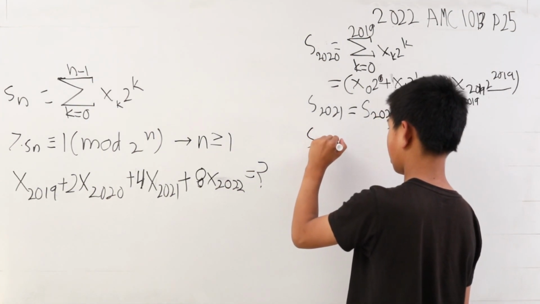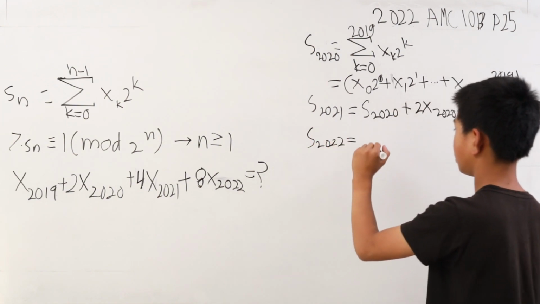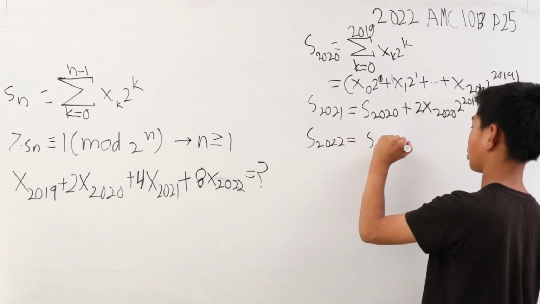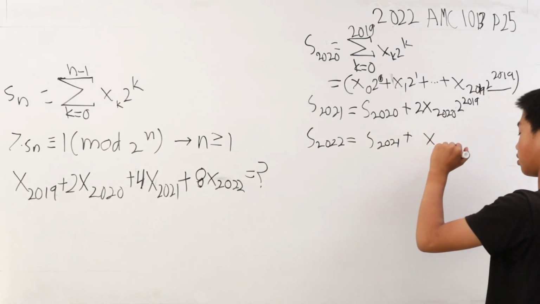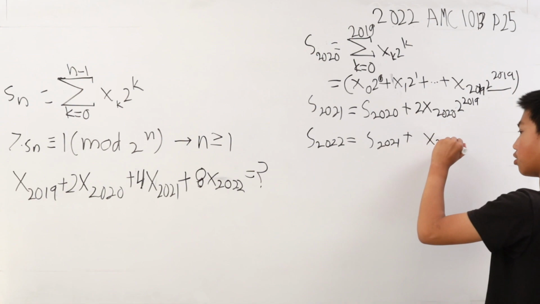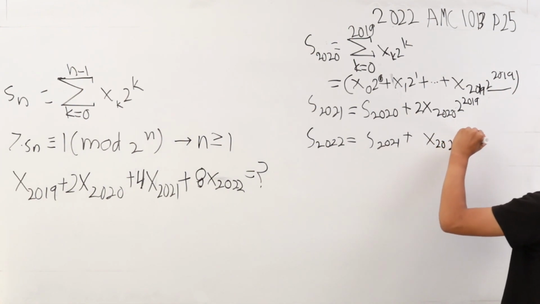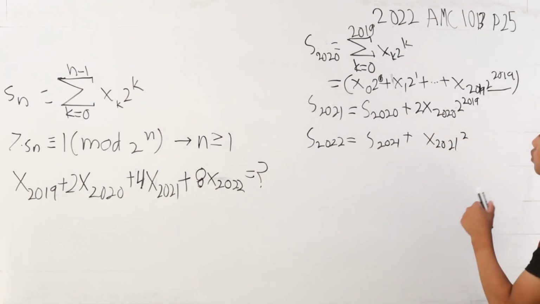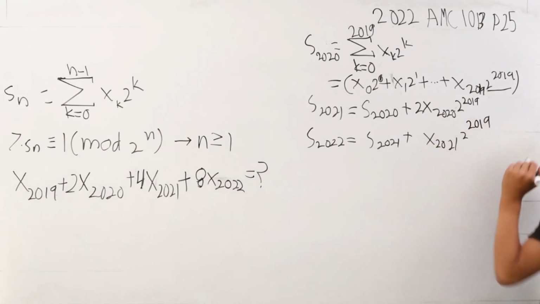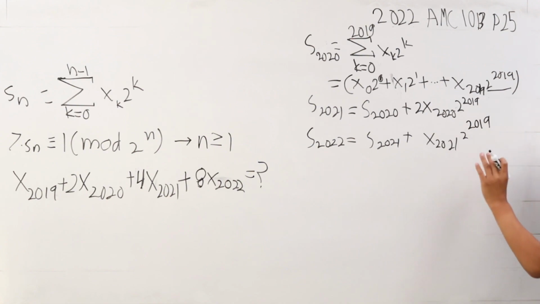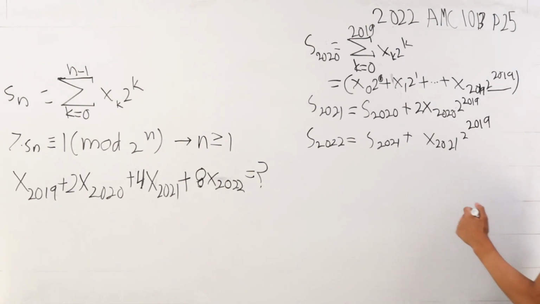We have another one of these, and then we can keep on going. S of 2022 is S of 2021 plus x of 2021 times 2 to the power of 2021, but we can do the same thing: we take out 2 twos to get the 4 here and the 2019 here.